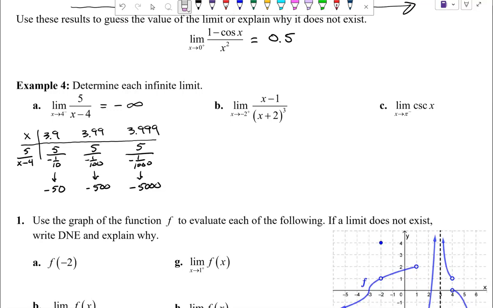In part B, we want to find the limit as x approaches negative 2 from above of x minus 2 over the quantity x plus 2 to the third. So again, we can think about plugging in values of x that are just a little bit bigger than negative 2. For example, negative 1.9, negative 1.99, negative 1.999.